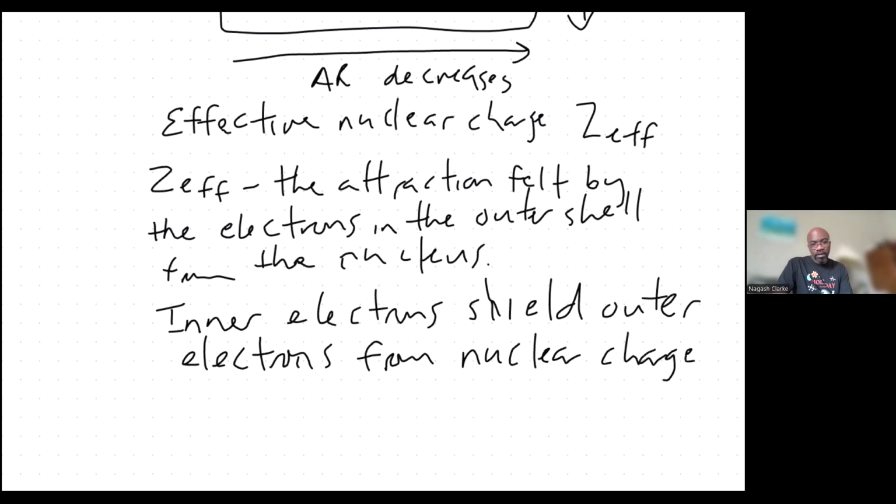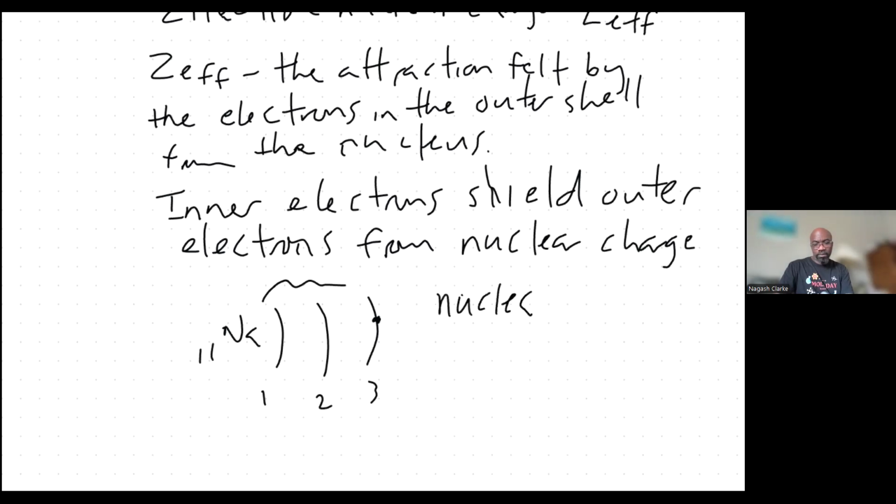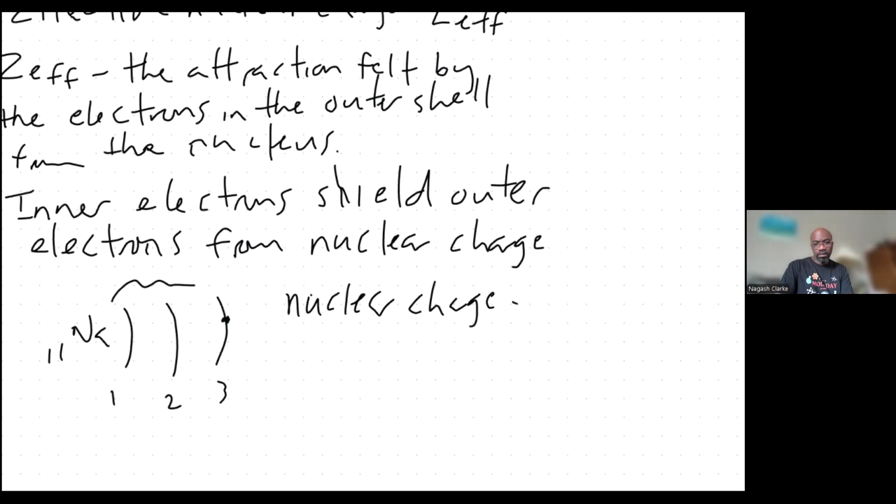Let's take something like sodium, 11 protons, and it has three shells: n equals one, two, and three. So an electron in n equals three is shielded by the electrons in shells one and two. So you think of the nuclear charge minus shielding equals effective nuclear charge.